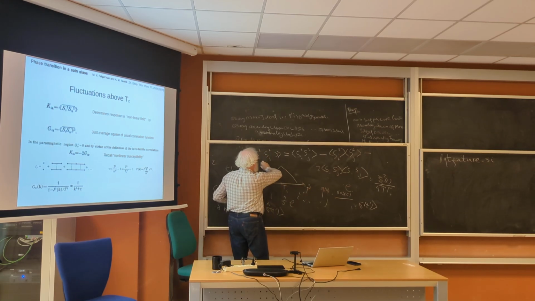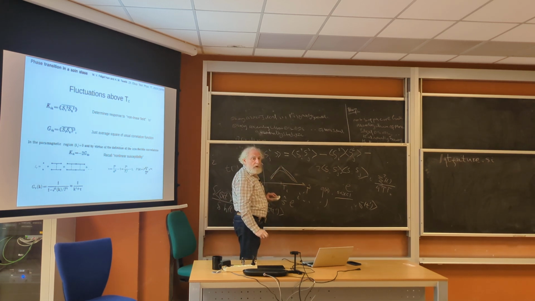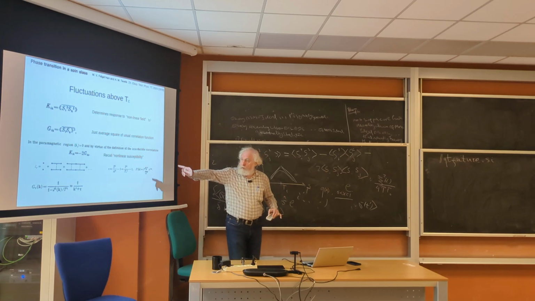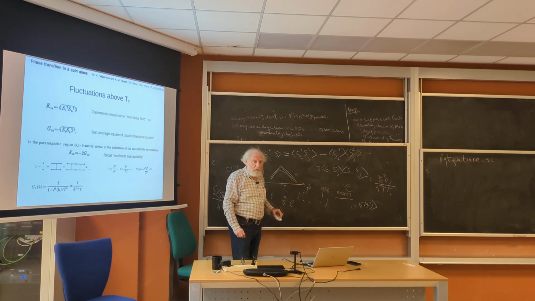But as you increase the magnetic field, this cusp becomes rounded and more rounded. This is just the nonlinear susceptibility, and it is singular around this point, just in correspondence to this formula.